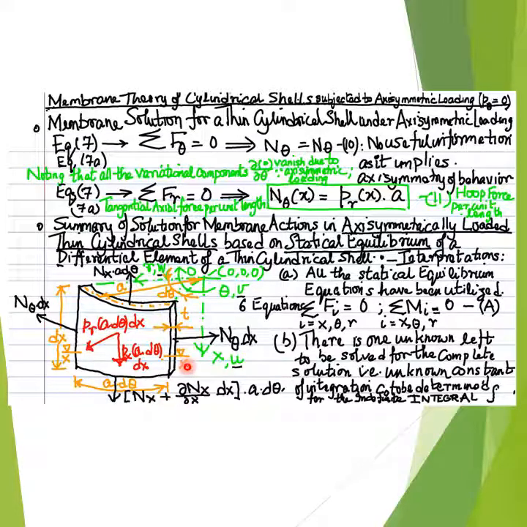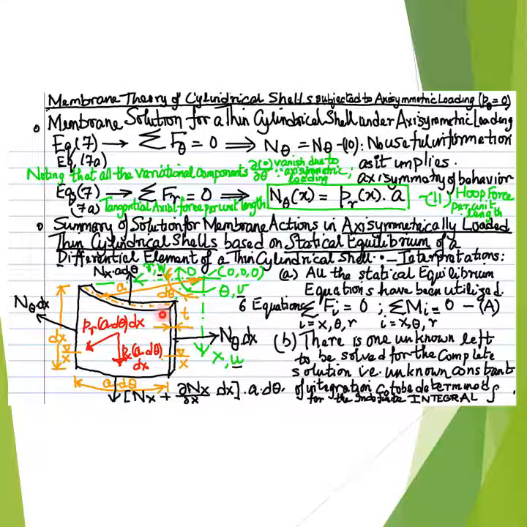Since variation of any physical quantity in the tangential or circumferential direction theta is precluded or not permitted by the assumption of axisymmetry.